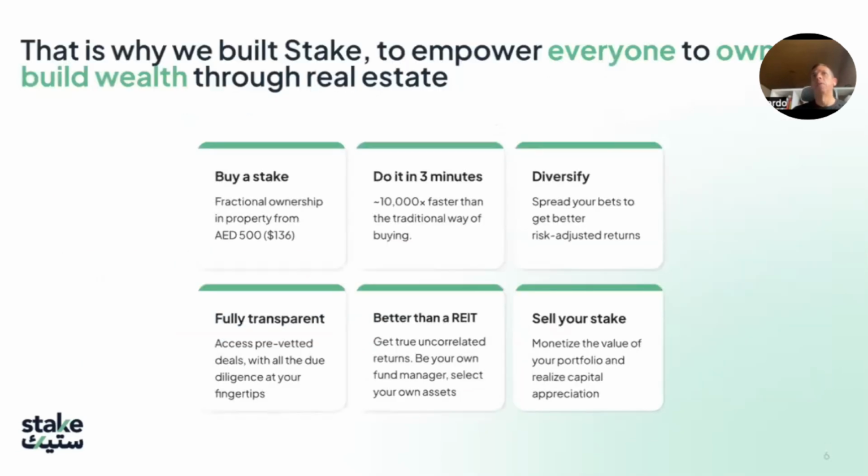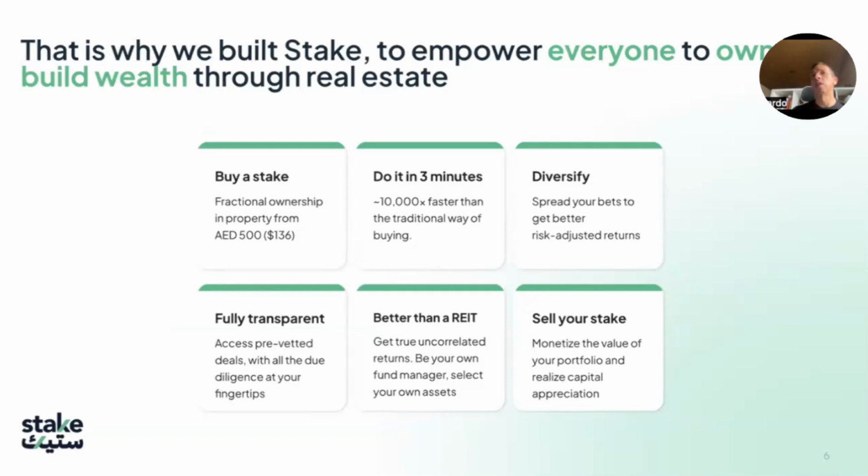Okay, great. So what are the key characteristics, and why have we built Stake? We are empowering everyone to own and build wealth through real estate, which means that today, using our app, you can buy a piece of a property from 500 dirhams, which is $136. We do it very easily through an online process, hassle-free.